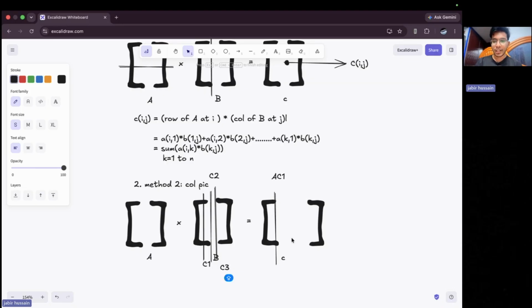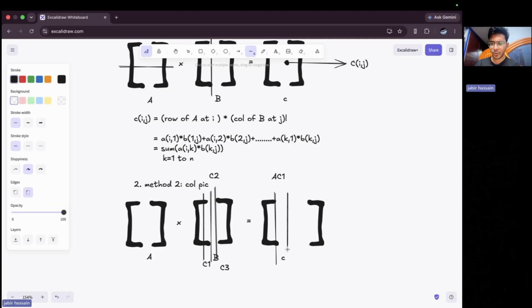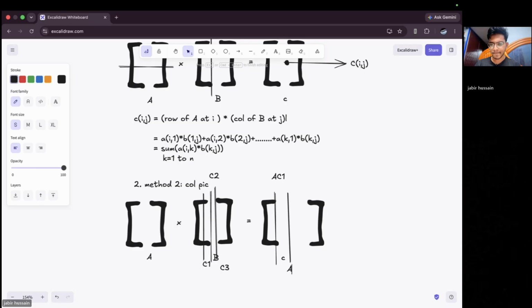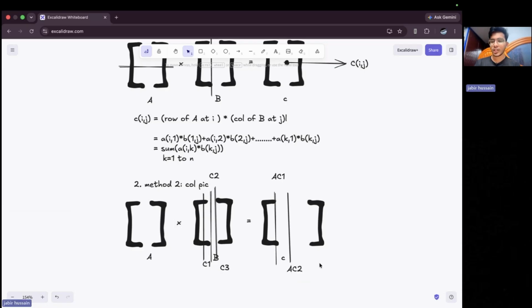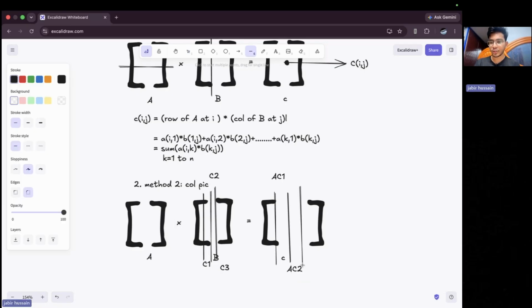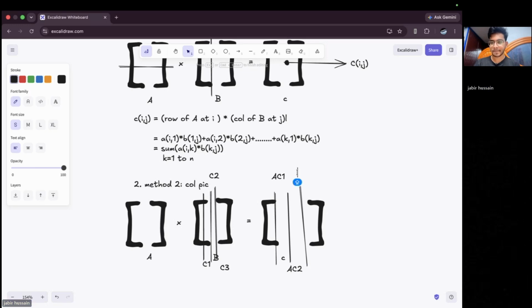The resultant is basically you take the first column, multiply it with A. That is your column 1 resultant. Similarly, the second column would be AC2, and the third column of this resultant would be AC3.